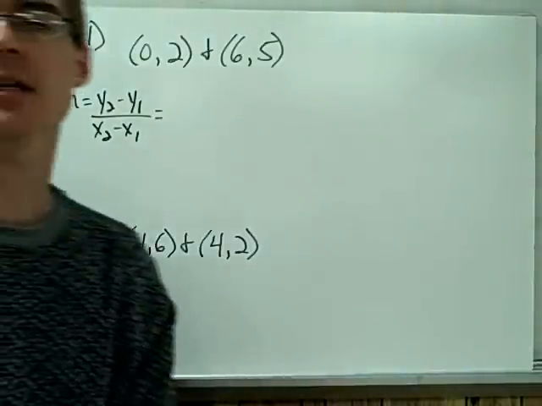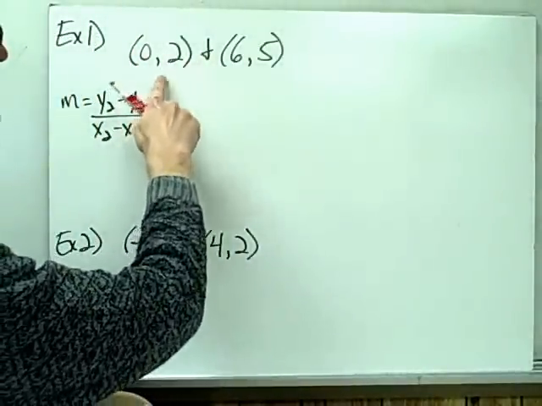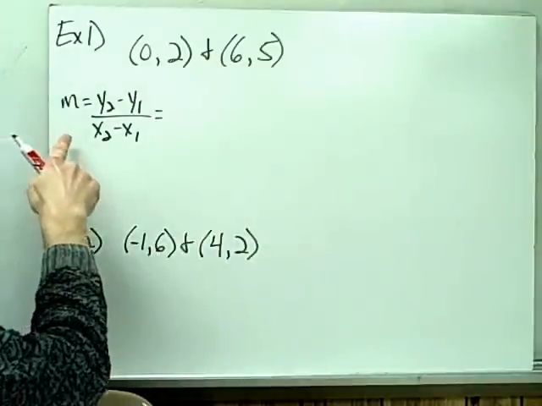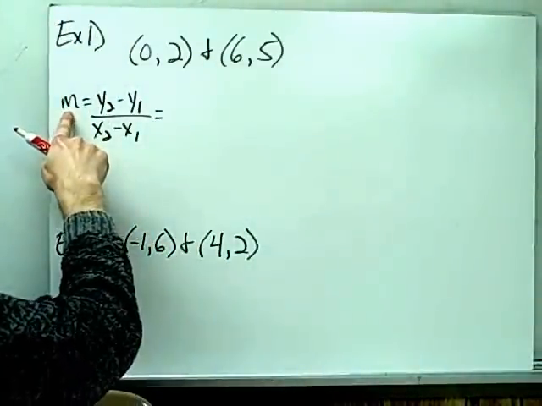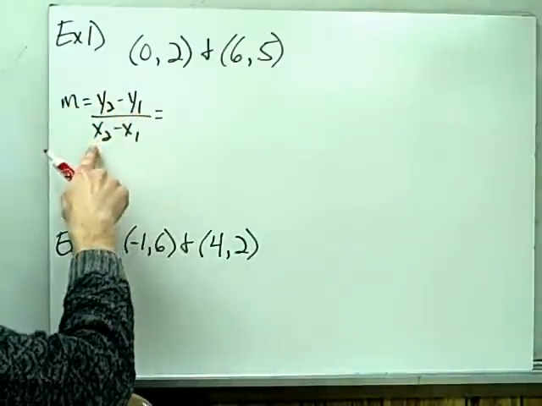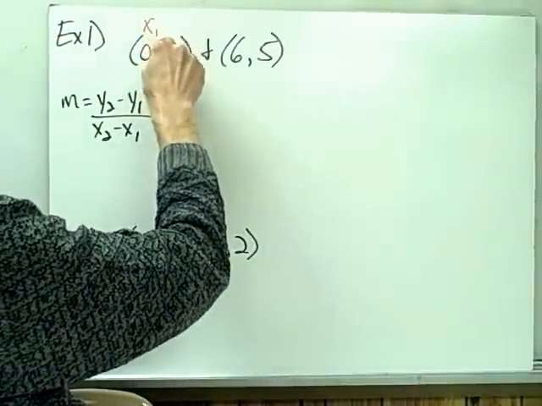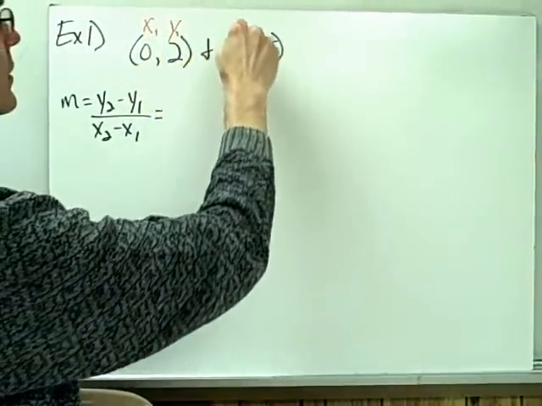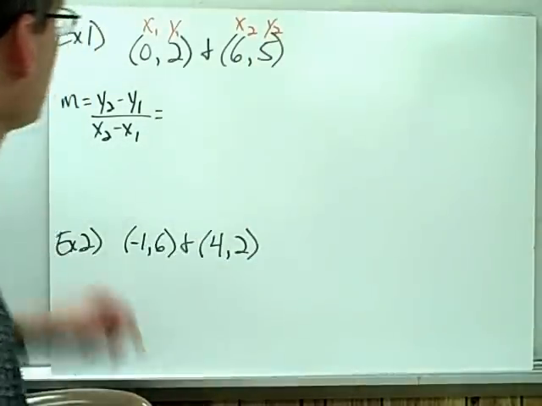Okay, let's take a look at a couple of examples. Example number 1 says calculate the slope of the line between these 2 points. Well, I have my slope formula, and m, the letter m, is often used to denote slope. So slope is y2 minus y1 over x2 minus x1. So first let me label my points here. Let me call this x1 and y1, and x2 and y2.